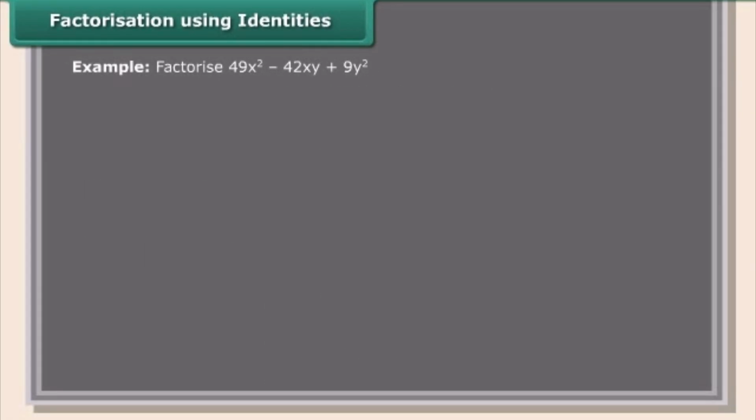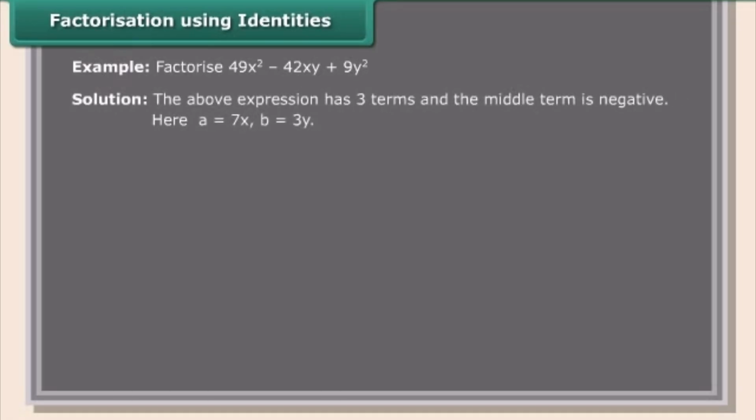Example: factorize 49x square minus 42xy plus 9y square. Solution: the above expression has three terms and the middle term is negative. Here a is equal to 7x, b is equal to 3y.